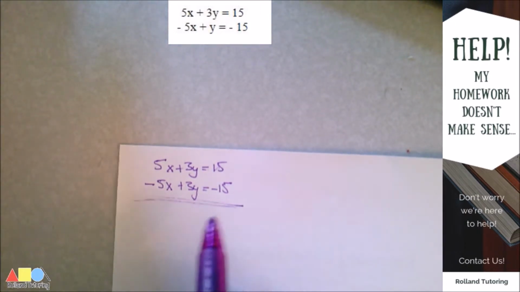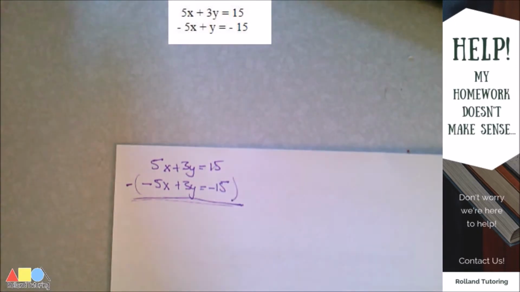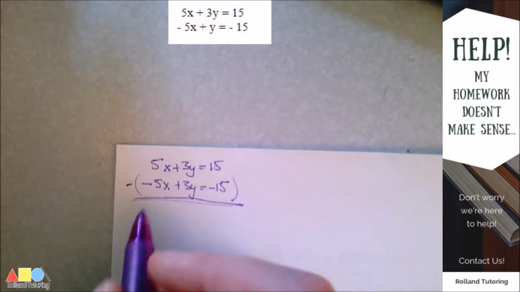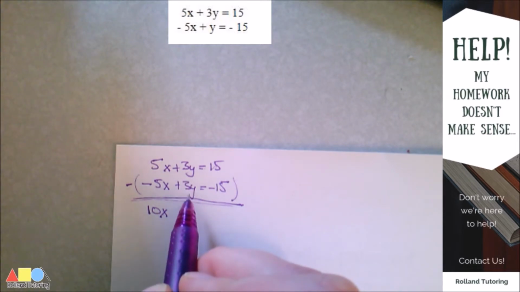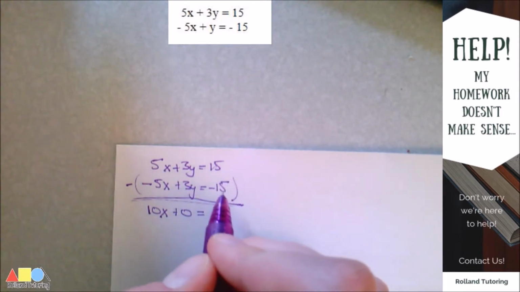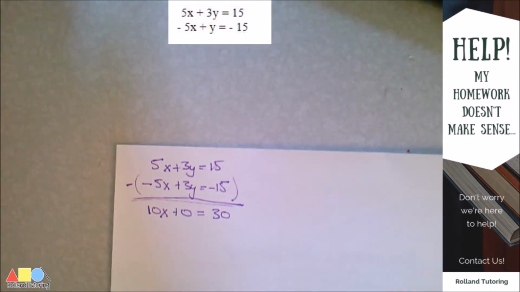So if I just go ahead and subtract this one, 5x minus a negative 5x will give us 10x. 3y minus 3y goes to 0. And 15 minus negative 15 gives us 30.